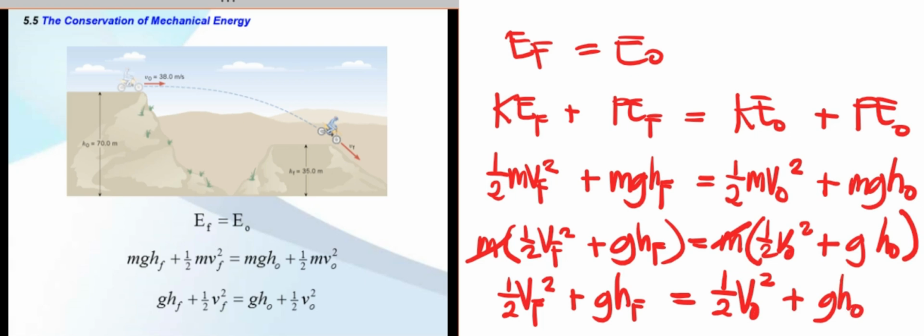So it's just the same equation, g hf plus 1/2 v f squared is equal to g ho plus 1/2 v sub o squared.